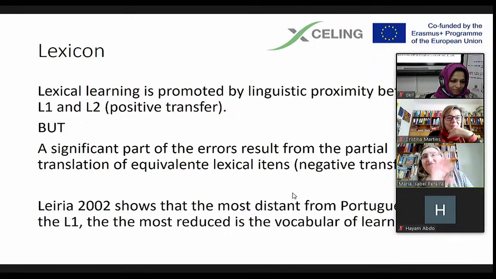She studied five groups of learners, five different native languages, from Spanish to Chinese, and different linguistic distances between Portuguese and those languages. And this is one of the conclusions of the study.